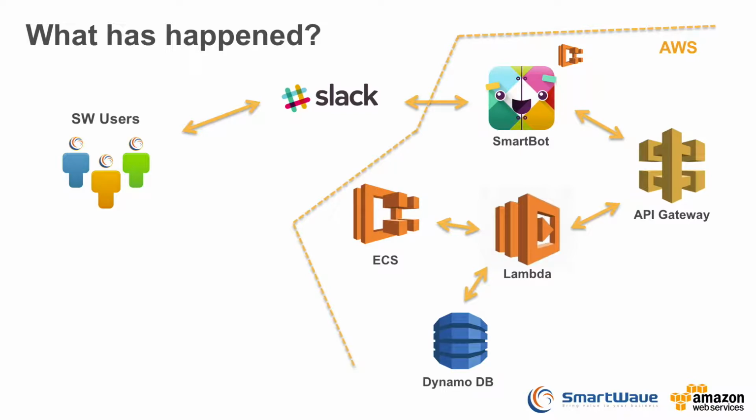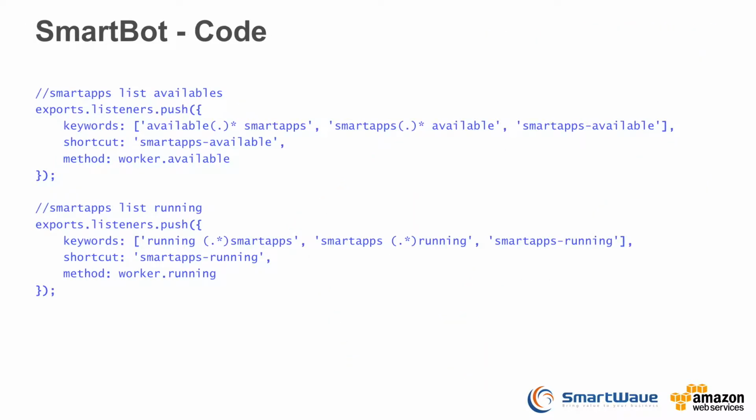So this is what happened when I interacted with the SmartBot. Just to show you a little bit of code, we can see here a key example of the code that handles what the users are trying to say to the bot.